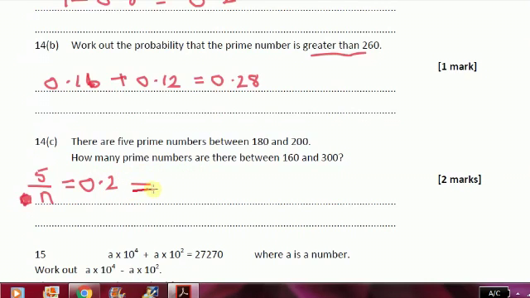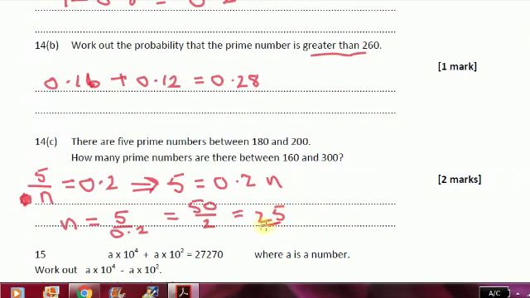So I solve this equation and I get 5 equals 0.2n, or in other words, n is equal to 5 divided by 0.2. Now that's tricky unless you can multiply top and bottom by 10. I get 50 over 2, which is 25. So there were 25 prime numbers altogether from 160 to 300.